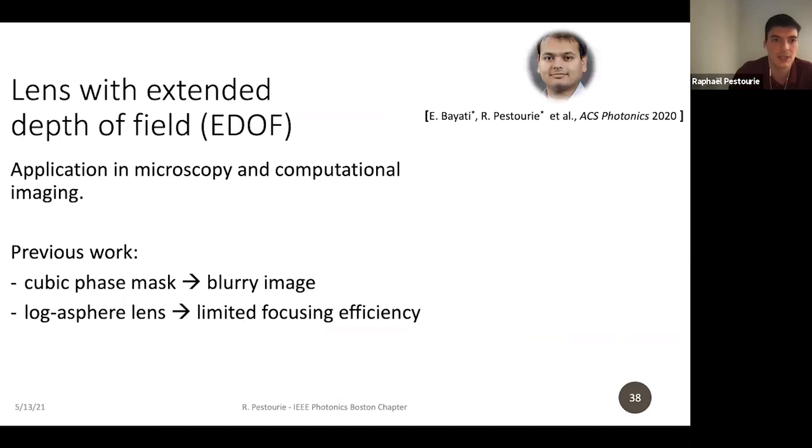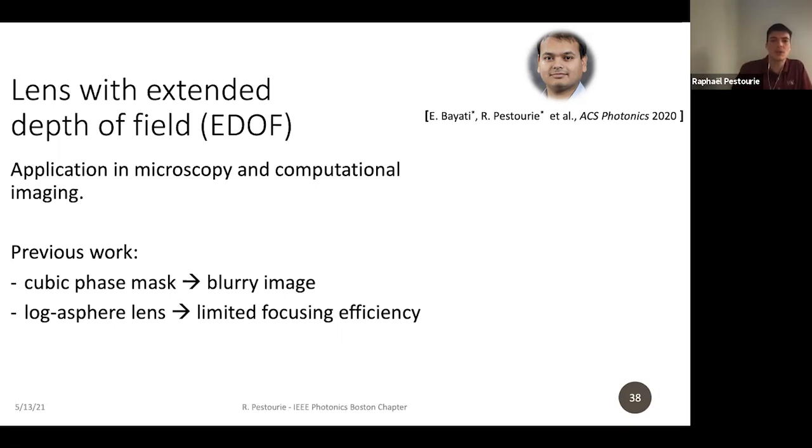That was very exciting. So this one was a collaboration with Arka Majumdar at UW, and it's a lens with extended depth of field, which can have applications in microscopy or computational imaging. And regarding previous work, there are methods for that, like the cubic phase mask, but it results in a blurry image, and larger sphere lenses, but they have limited focusing efficiency.